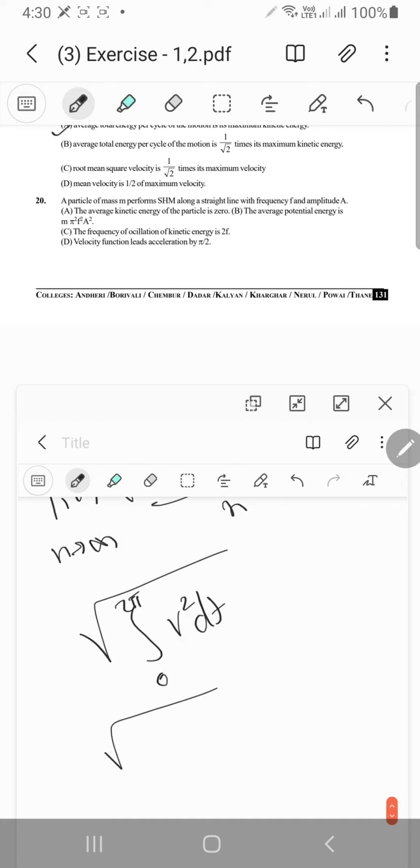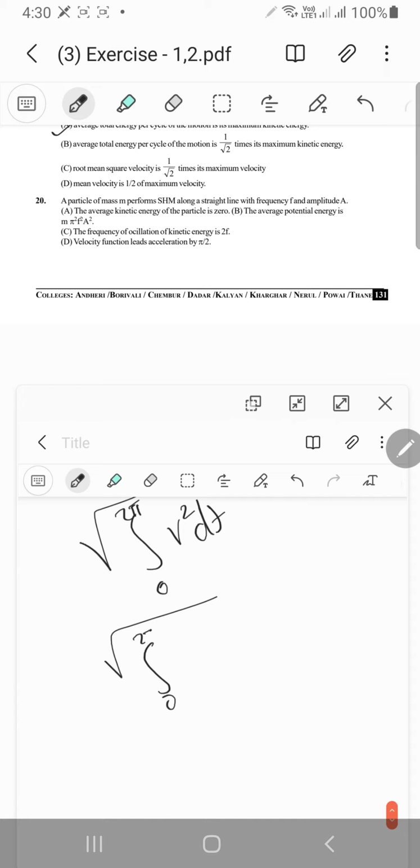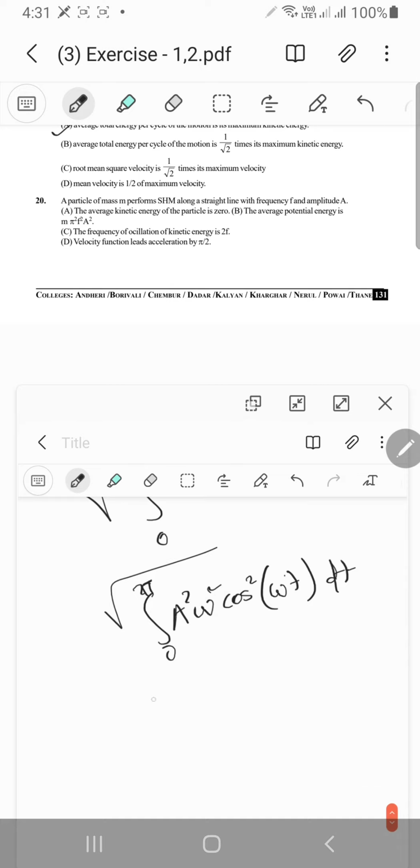Okay, so this should be the square root of the integration from 0 to 2 pi of v squared, which is a squared omega squared cosine squared of omega t, dt, I believe. Okay, is that correct? Yeah, it looks correct.